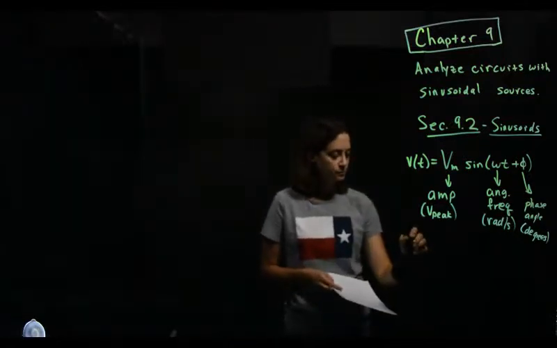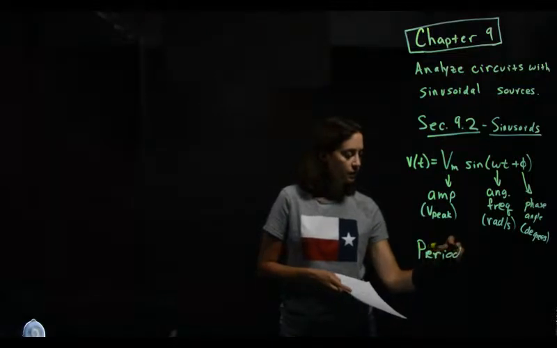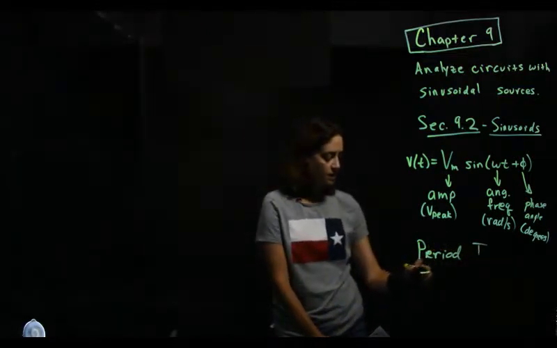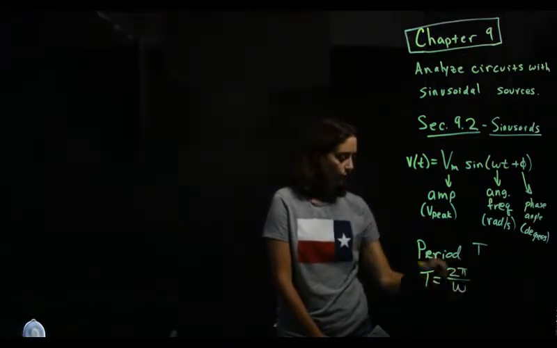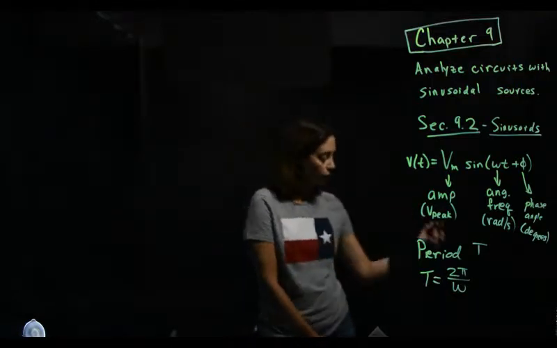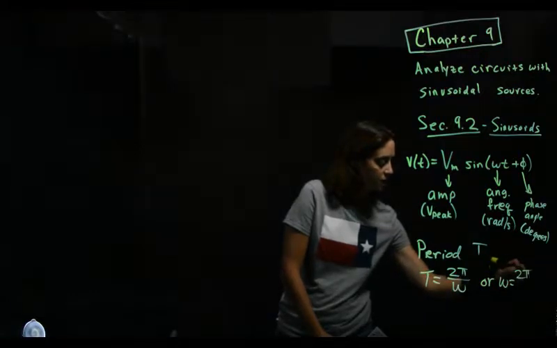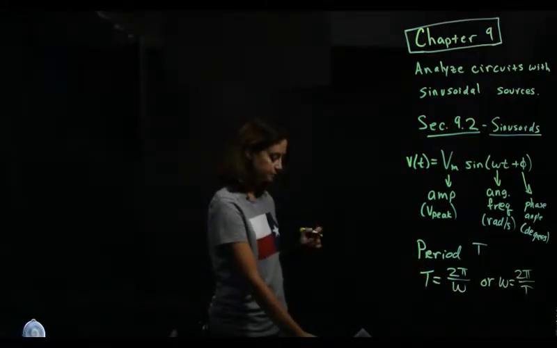Period. The sinusoid has a period of T, and we know that T equals 2 pi over omega, so we can find our period that way. Or rearranging that, omega equals 2 pi over T, which is probably more frequently how you see it.